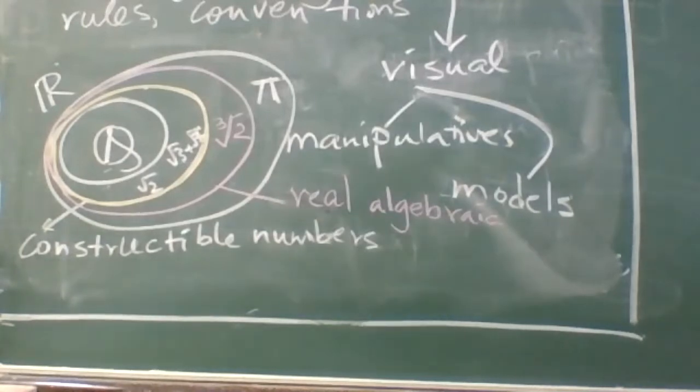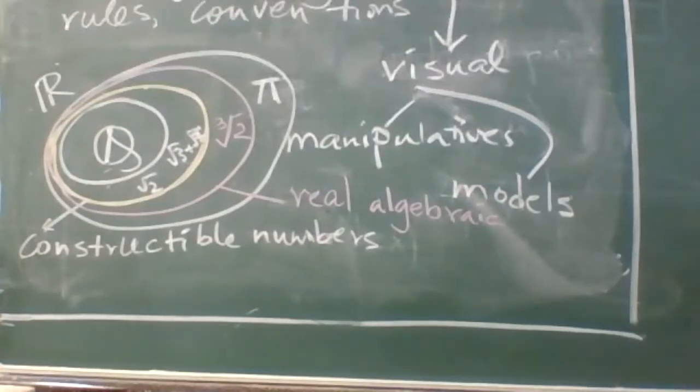Usually we go directly from rationals to irrationals, but there are some layers in between, and the constructible numbers are linked to the syllabus because they can be constructed.